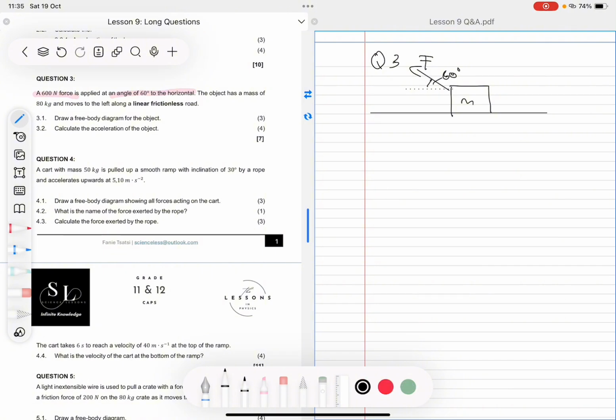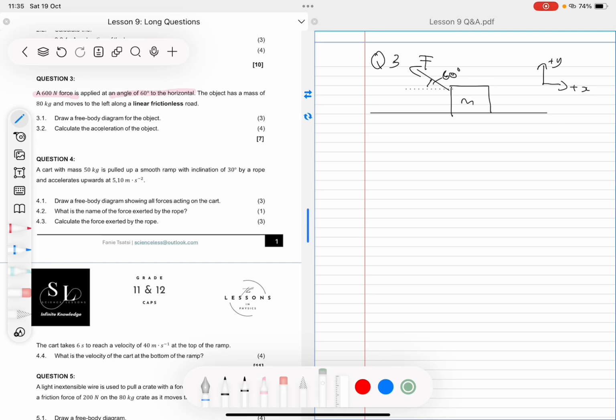Now, the other thing that I'll do quickly is choose direction. I'll choose my direction using the reference frame to say anything that goes in this direction is positive and anything that goes in that direction is also positive.